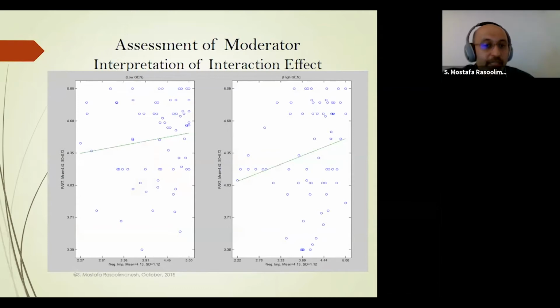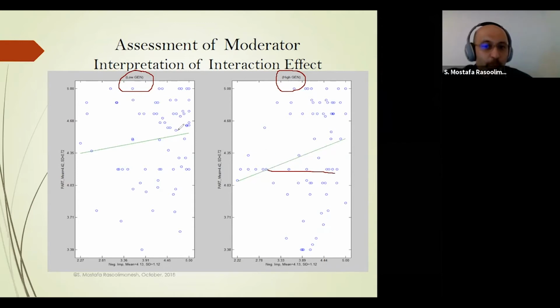Okay, so these two can be two regression lines for the effect of IV to DV, for example, for high level of gender and low level of gender. For high level of gender it is this line.